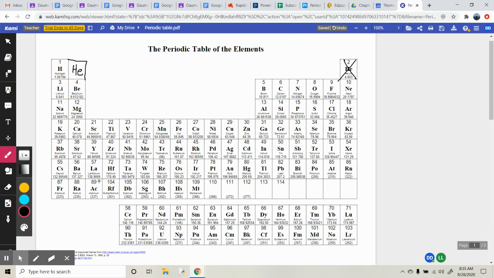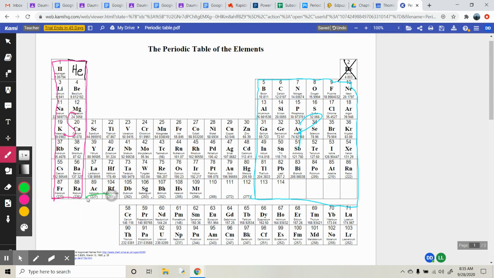The next thing you need to know is that we chunk off this periodic table into certain sections. These first 2 tall columns are our s orbitals. Over here on the right, this nice big block of 6 by 6 are our p orbitals.